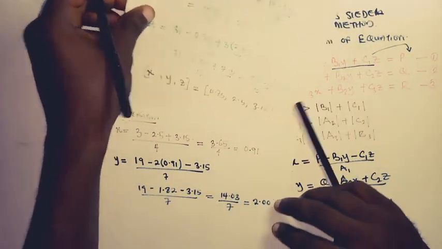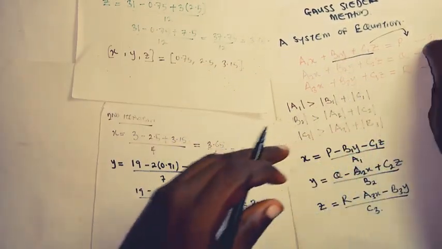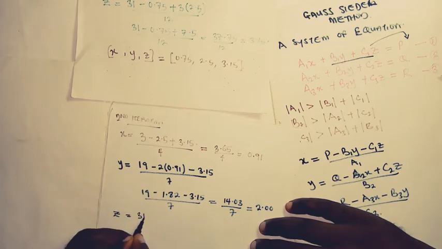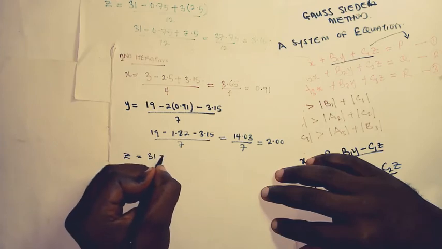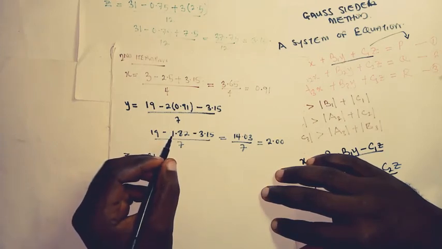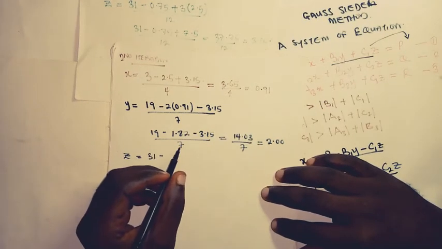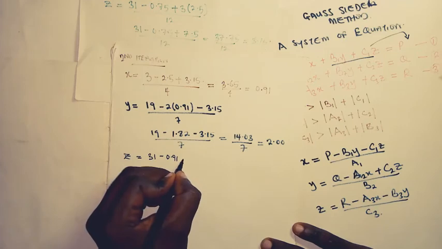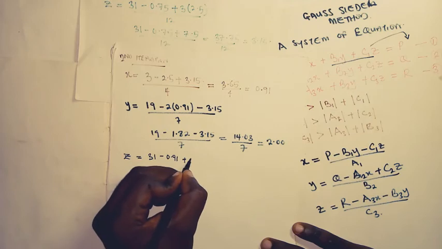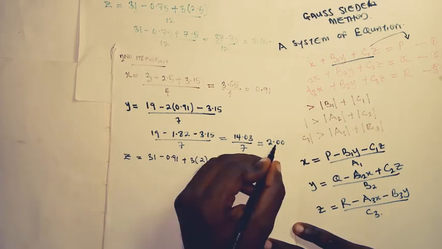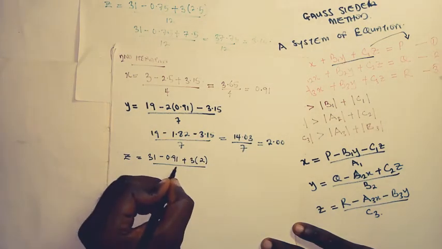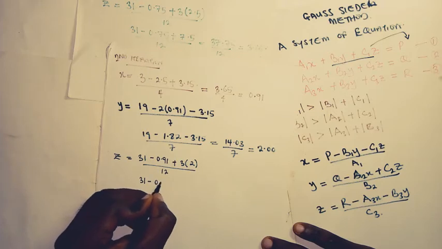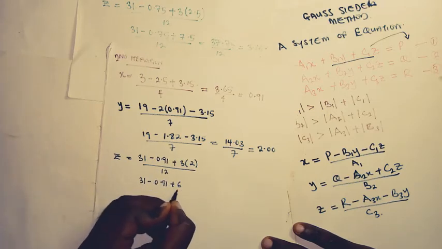So for the new value for z, I have 31 minus 0.91, which is the value of x, plus 3 into 2, the new value for y, divided by 12, and this will give me 31 minus 0.91 plus 6 divided by 12.